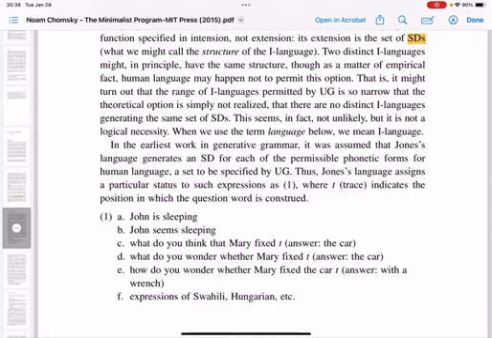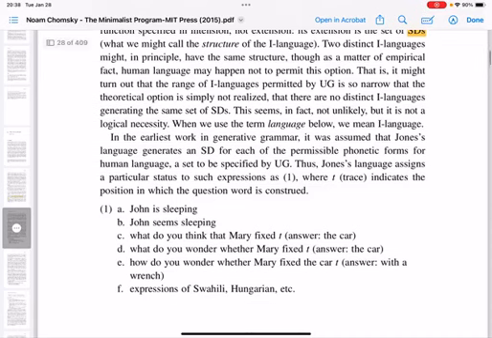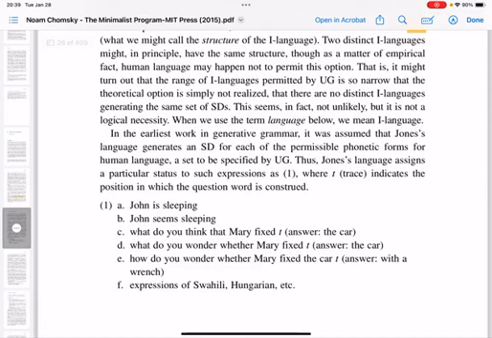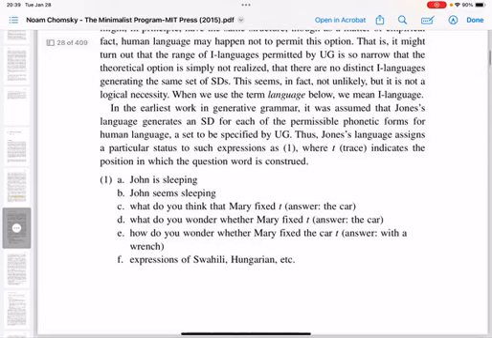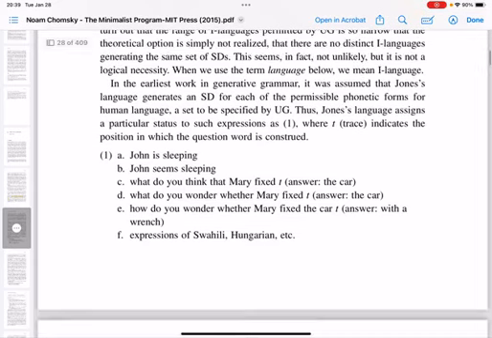In the earliest work in generative grammar, it was assumed that Jones's language generates an SD for each of the permissible phonetic forms for human language, as specified by UG.